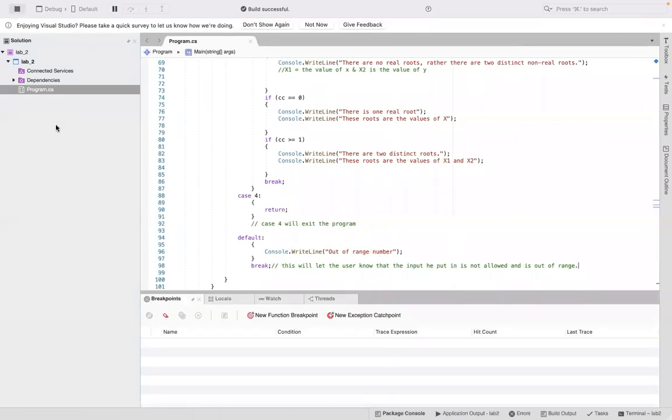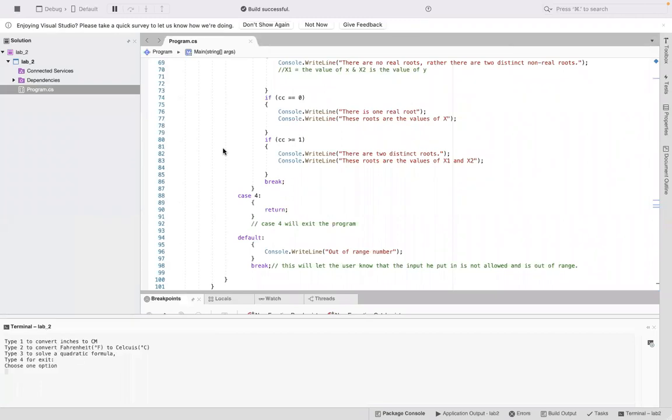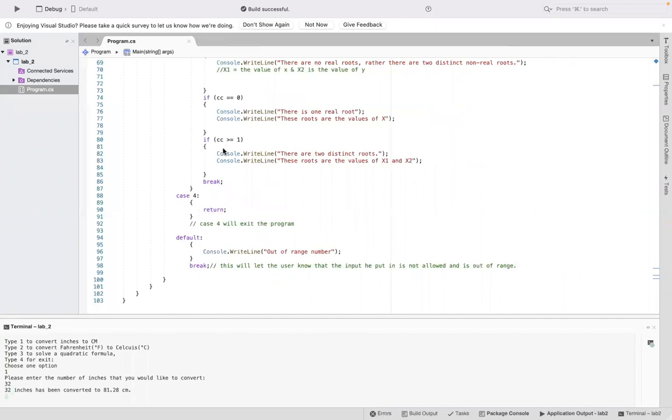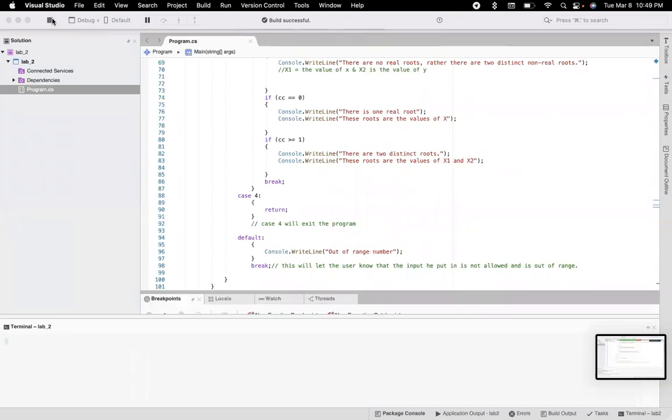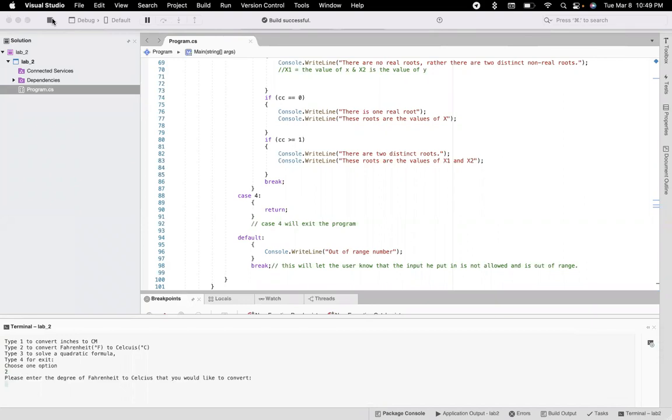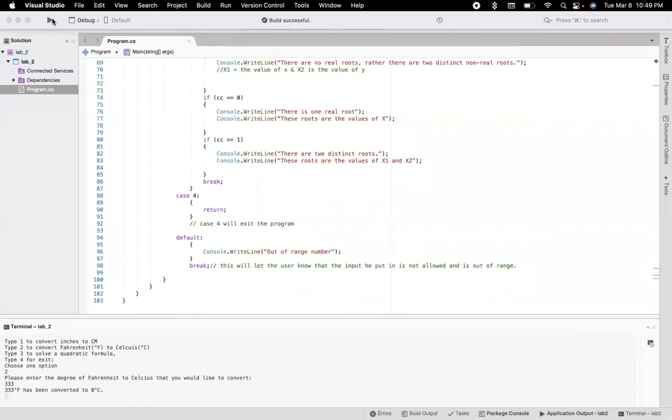So the first option. 2. So now option 2. Is that right?